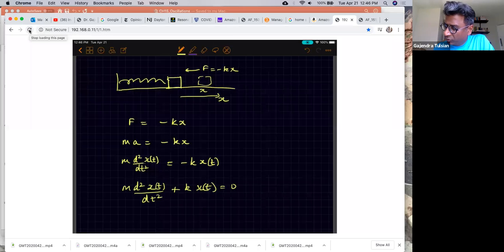And what we'll do is divide this equation by m, so d squared x(t) by dt squared plus k over m x(t) equals 0.